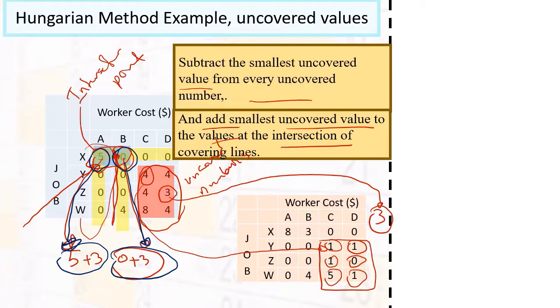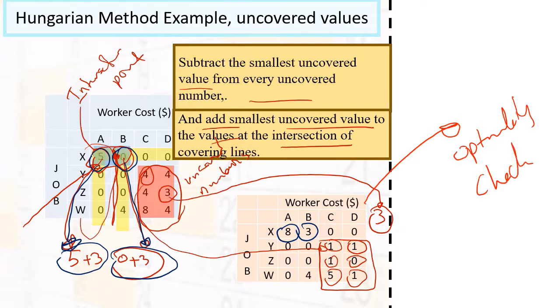So that will give us 8 and 3. 5 plus 3 is 8, and 0 plus 3 is 3. And this is our updated table. So this table is going to go with us for the next step, another optimality check.